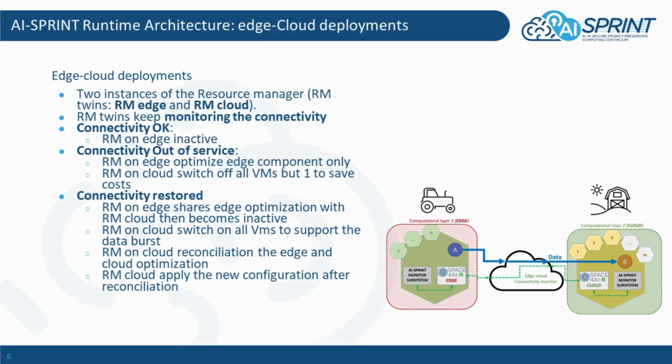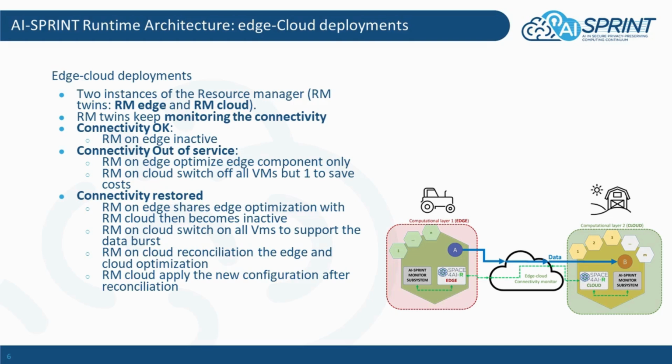The runtime manager on the cloud switches off all the computational nodes but two in order to save cost. Instead, the runtime manager on the edge starts to optimize the edge components, for example, using components with degraded accuracy.